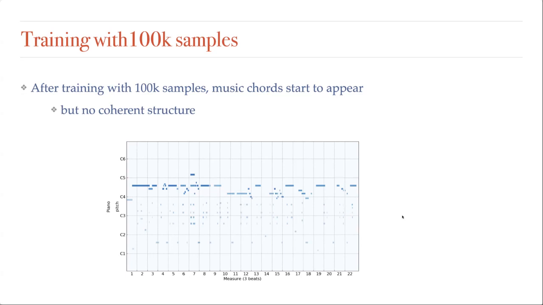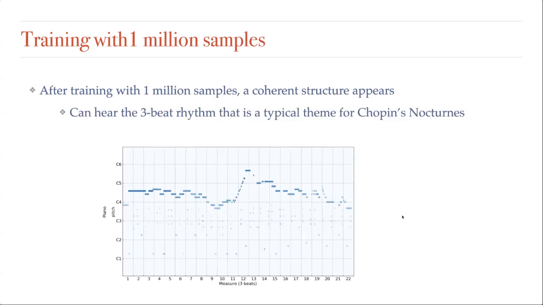So it starts to produce something that actually sounds okay, but there's no coherent structure. You don't know where it's going, and it doesn't always relate to what it produced before. So this is trained on 10,000 pieces of music. Then I ended up training on over 1 million examples.